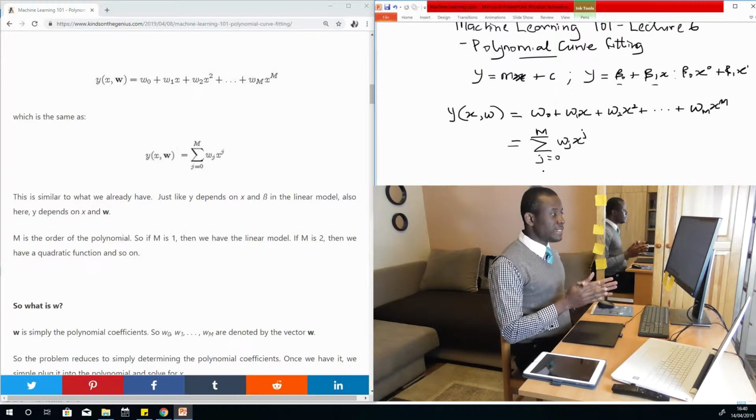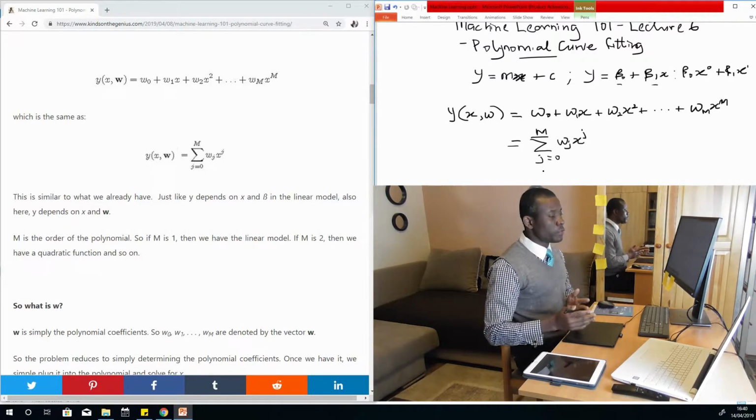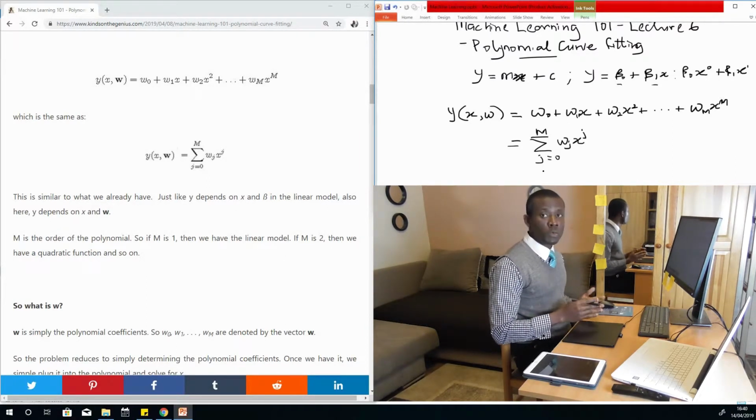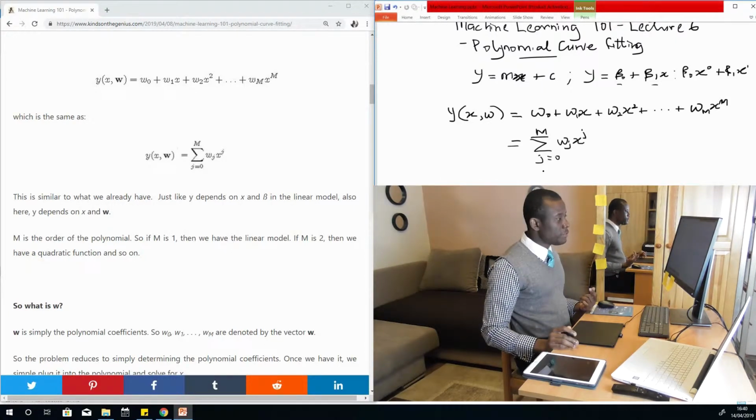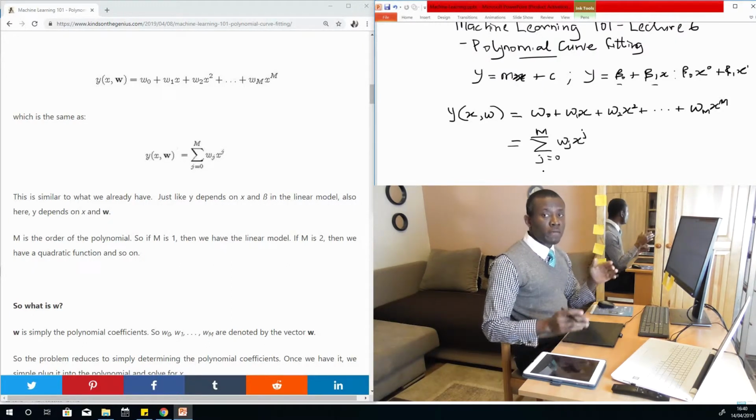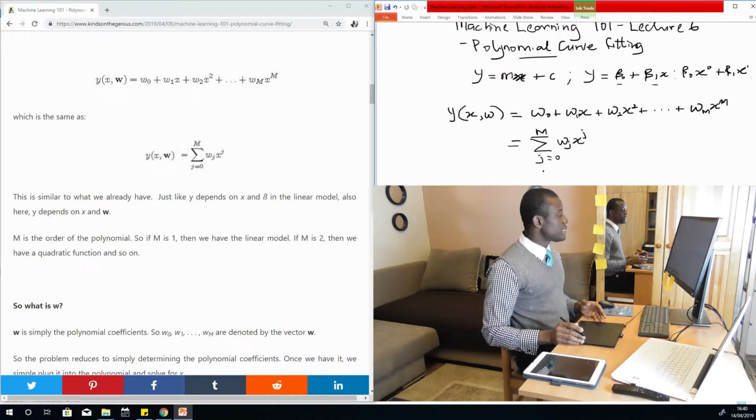So in this case, j is moving from 0, 1, 2, 3, 4 to m. So basically, this is how it works. So this is the equation we are going to use. This equation, I can assure you, covers a wide range of functions that can relate your dependent and independent variables.